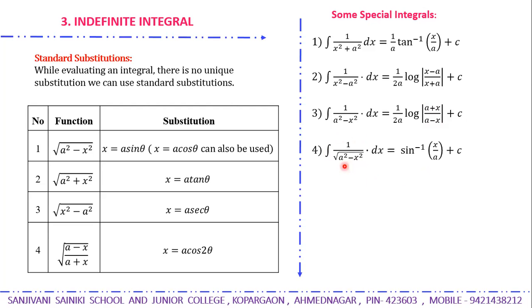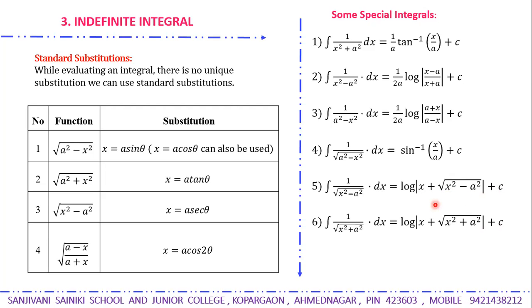The fourth: integration of 1 upon root a square minus x square, constant square minus variable square, is sine inverse of x by a plus c. Then the fifth one, 1 upon root x square minus a square dx, is log of modulus of x plus root x square minus a square plus c. The next one is 1 upon root x square plus a square dx, which is log of x plus root x square plus a square plus c.